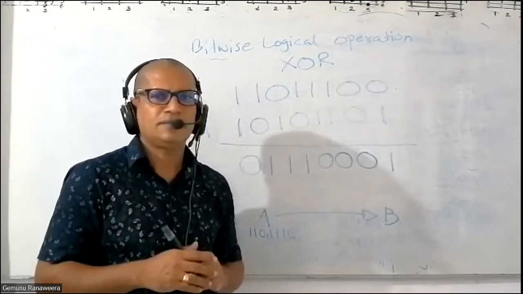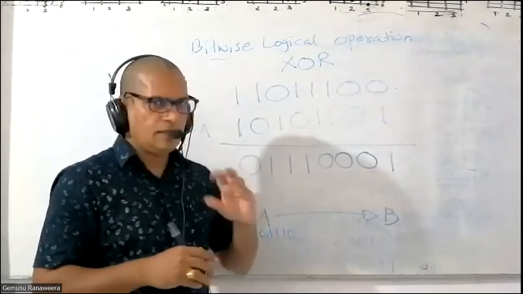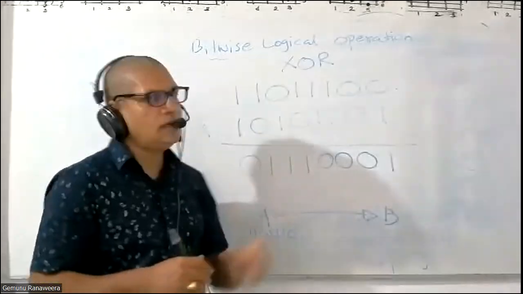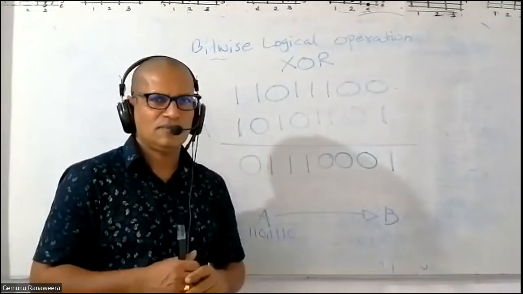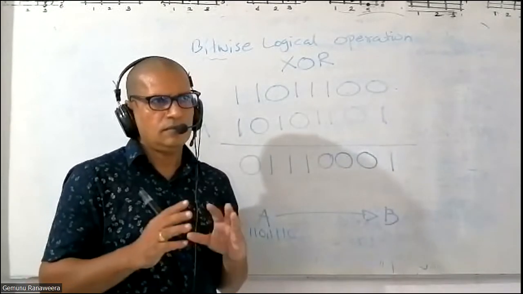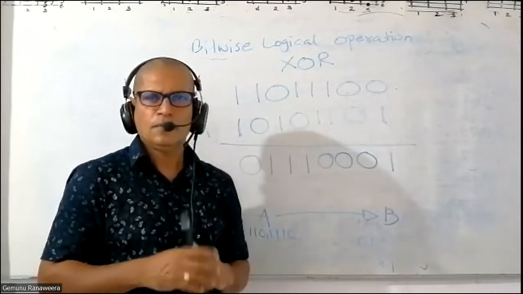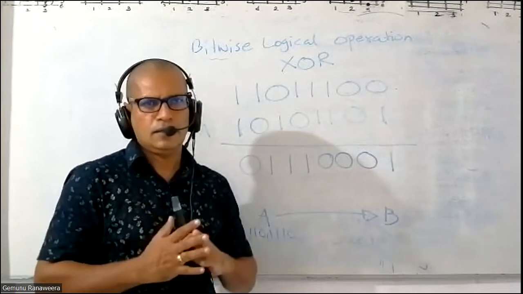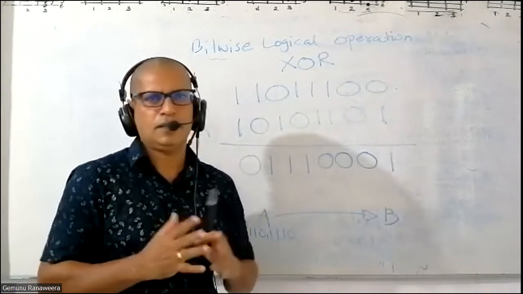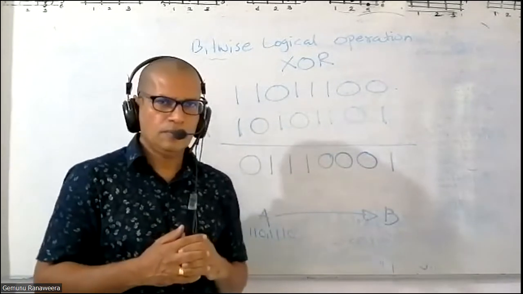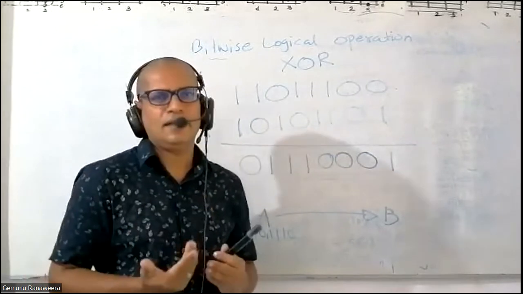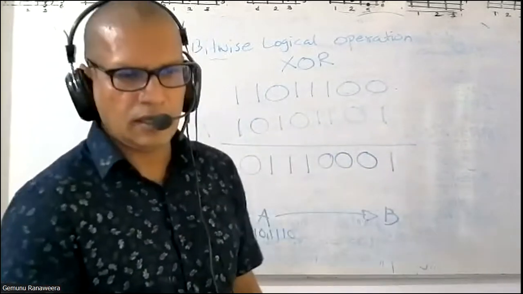To create the half adder circuit, again we use the exclusive OR. So the exclusive OR is very useful for computers. We have to learn it as part of the basic mathematics we require for computing. With that understanding, we will go back to the question here.